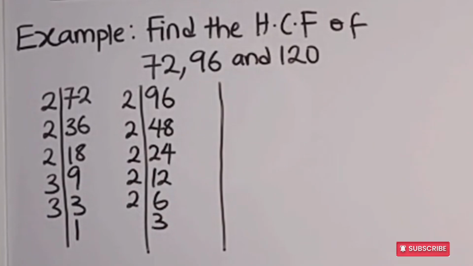And 3 divided by 3 is going to give us 1. Okay. So we've broken down 72 and 96.